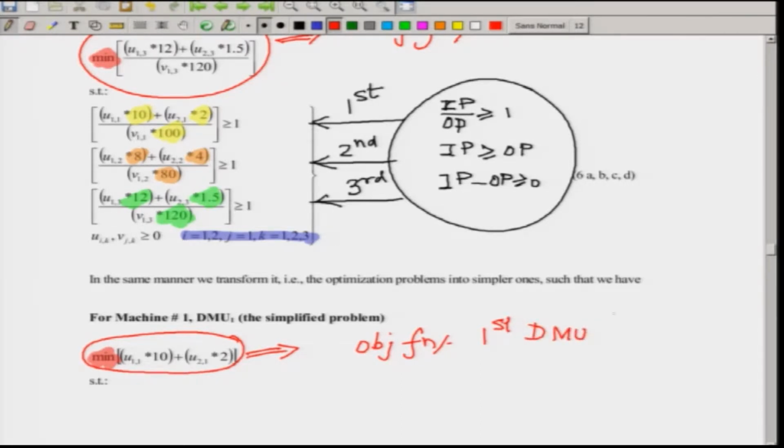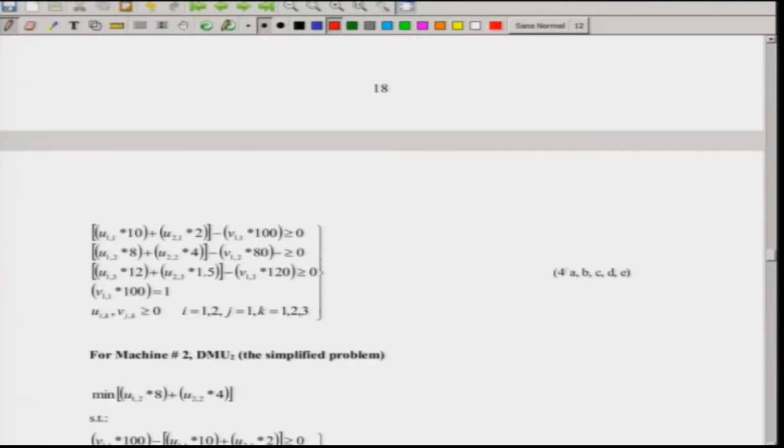But in this case, remember, this is a linear formulation. This is the linear formulation for the first DMU, because we have done away with the denominator.